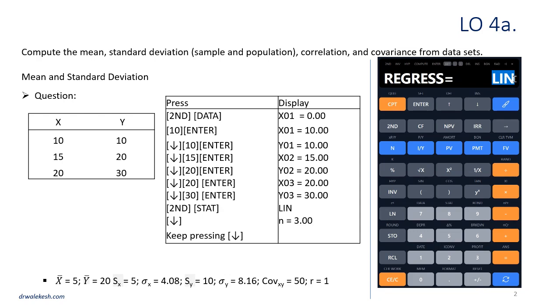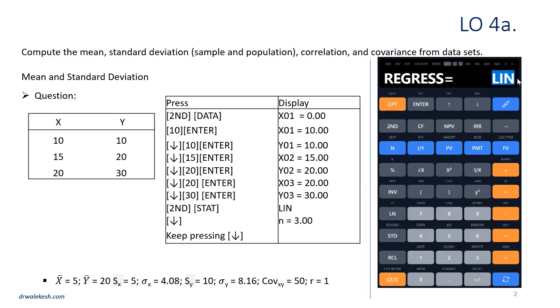How do you navigate to LIN? To navigate to LIN, you press second function set. You press it repeatedly, second function set, second function set, second function set, second function set. Now I'm back to LIN.